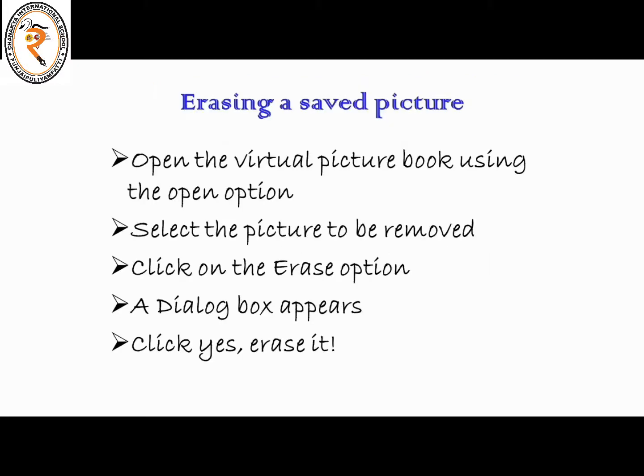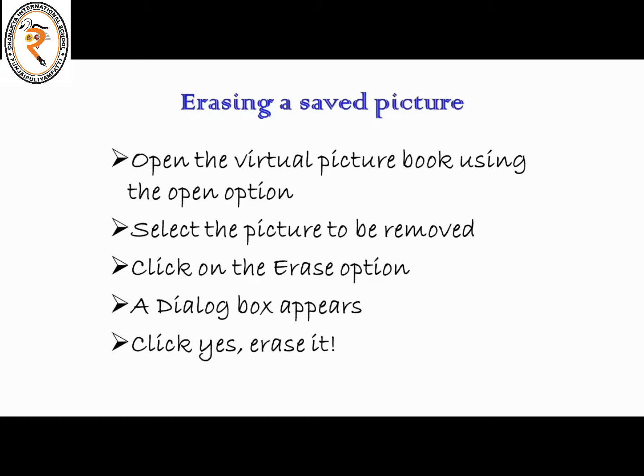Next is erasing a saved picture. How do we erase a saved picture? We have to open the virtual picture book using the open option and select the picture to be removed. First click on the open option from the toolbar. There we select the picture which looks unwanted and remove it.